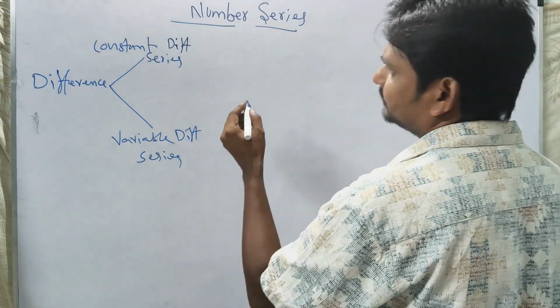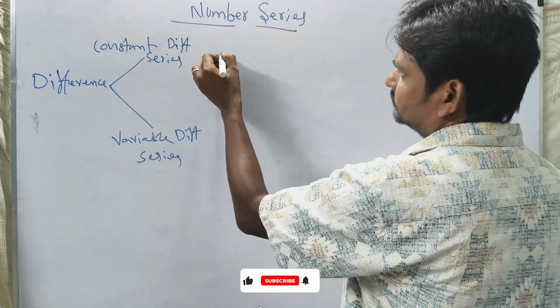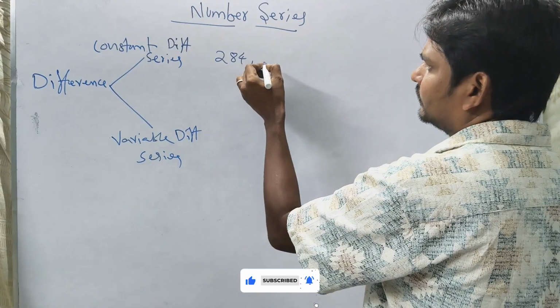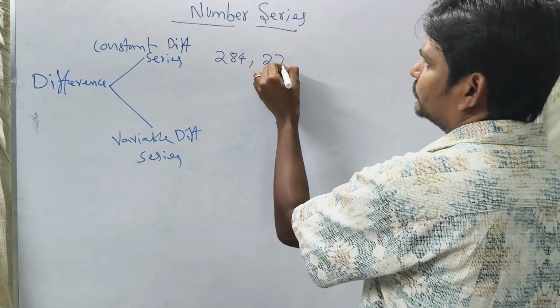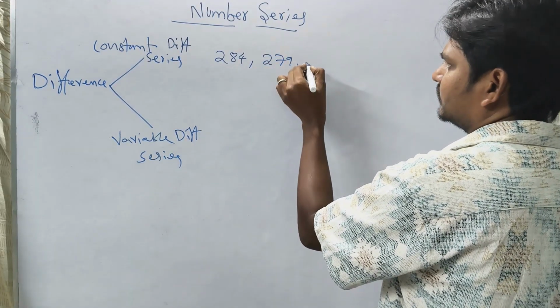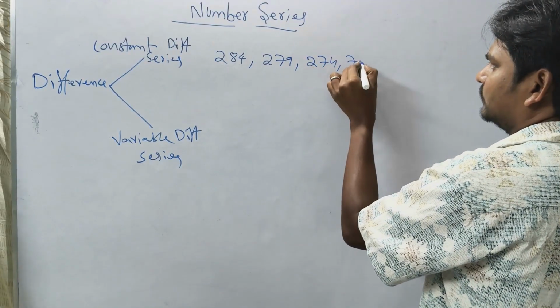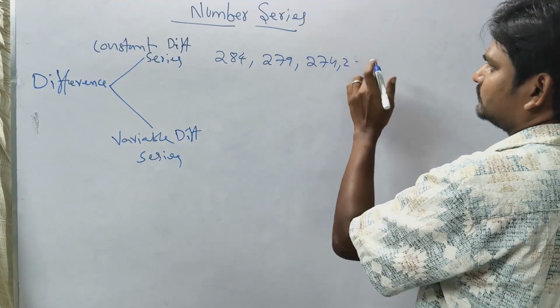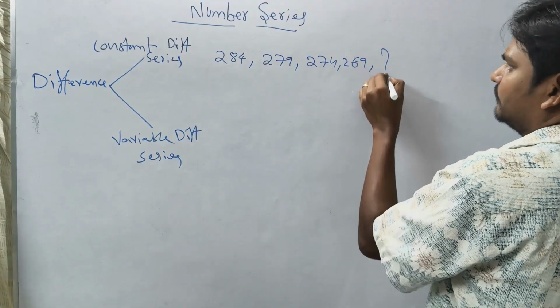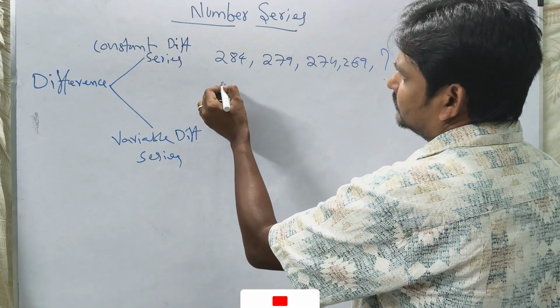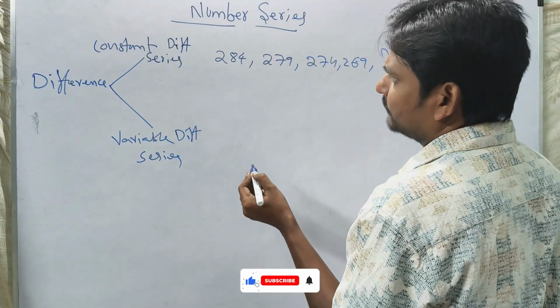Now see, 284, 279, 274, 269, what next? Here I am coming to the difference series.